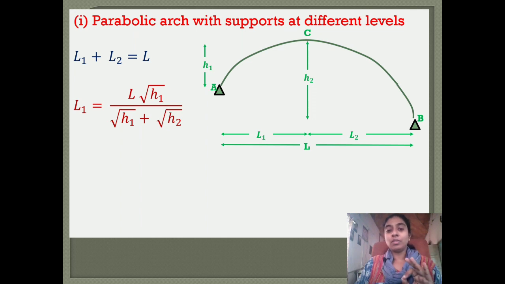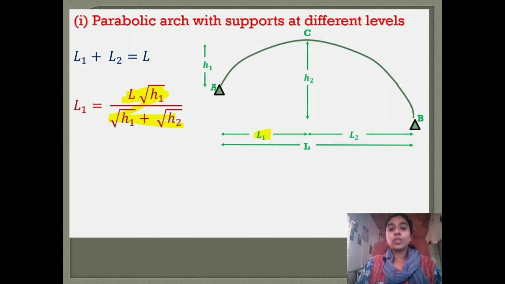L1 is equal to L into root H1 divided by root H1 plus root H2. This is the formula for finding the distance L1. We are not going deep into the derivation because that is not necessary for us as per the syllabus.